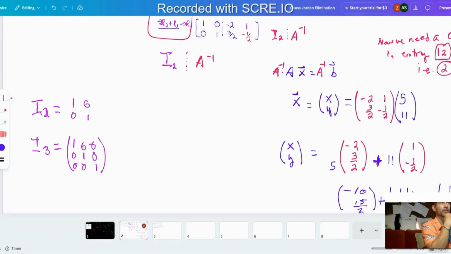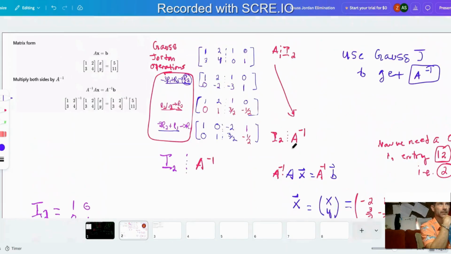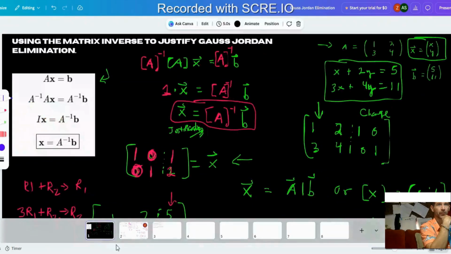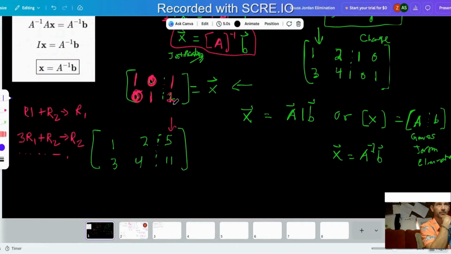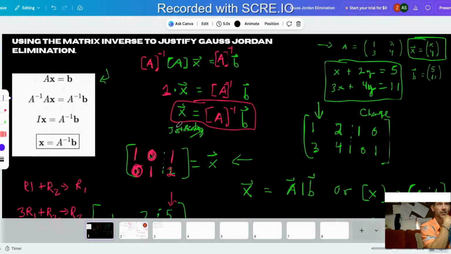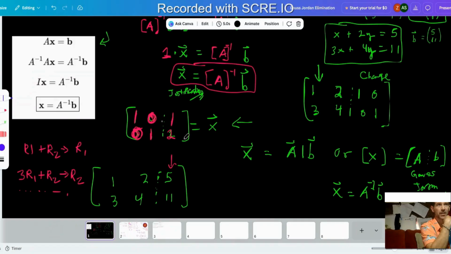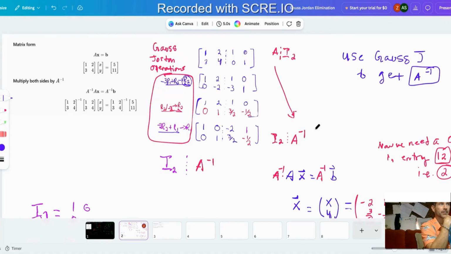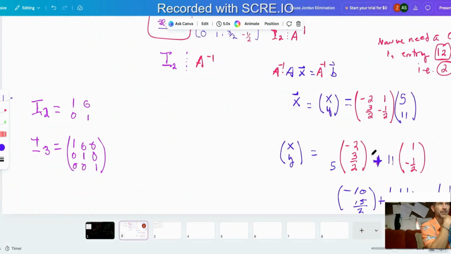Now let's go back earlier, right? So on the previous page, that's what that was here. So if we just did Gauss Jordan elimination without finding the inverse, we would get that same thing. But let me show why that works, just doing the same thing, right? So now I'm going to show why you get the same answer.